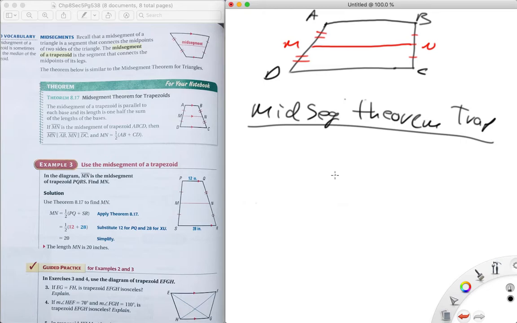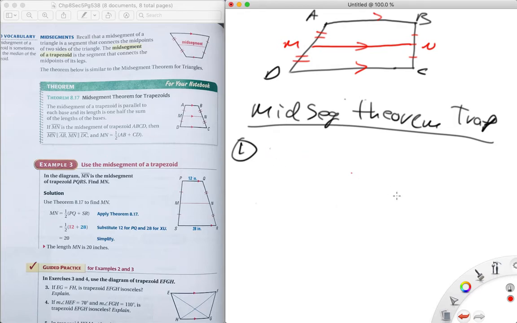And what the mid-segment theorem of a trapezoid says is number one, the mid-segment of a trapezoid is parallel to both of the bases.